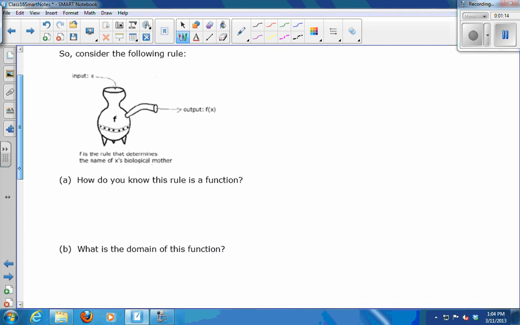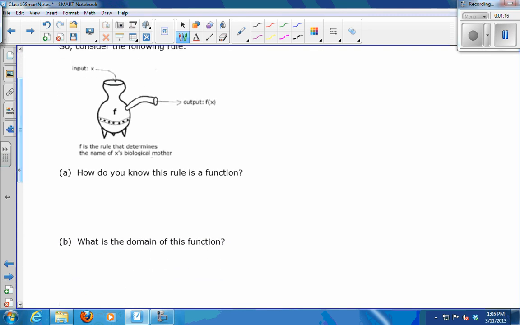So if this is my rule, where I input x, and f is the rule that determines the name of x's biological mother, first of all, how do I know this rule is a function?